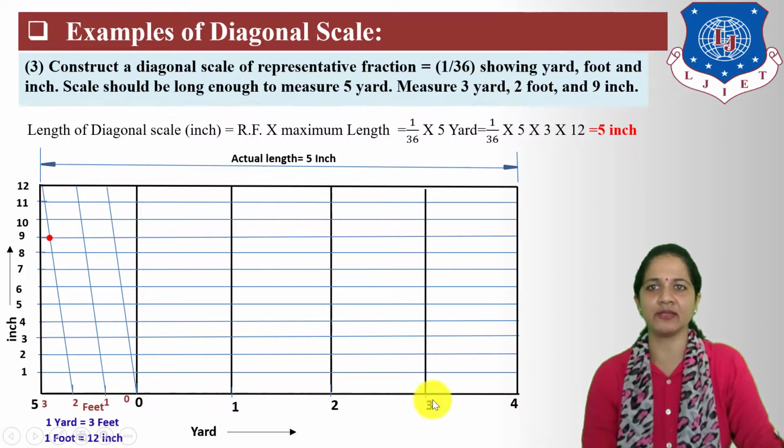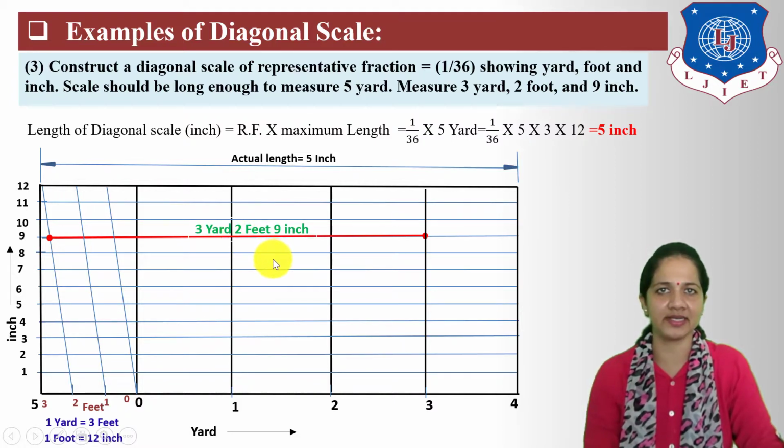The maximum yard is given as 3. Mark the point on the 3 yard line. Indicate here the 3 yard, 2 feet and 9 inch distance.